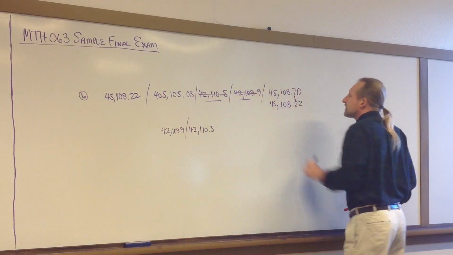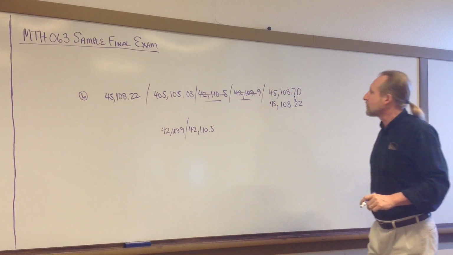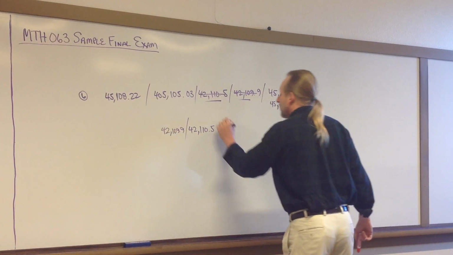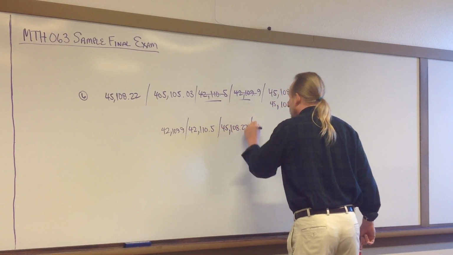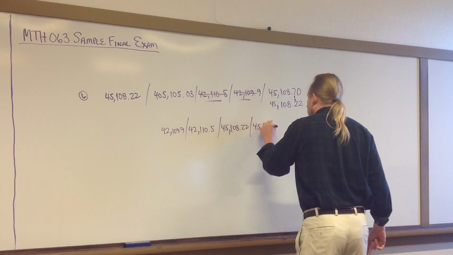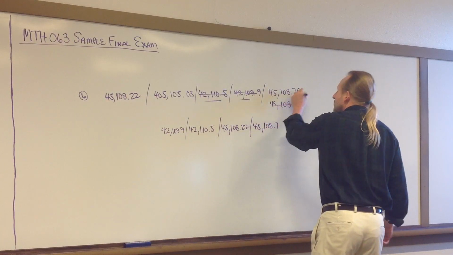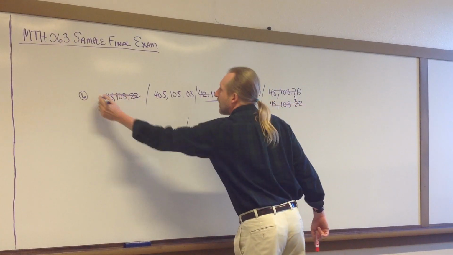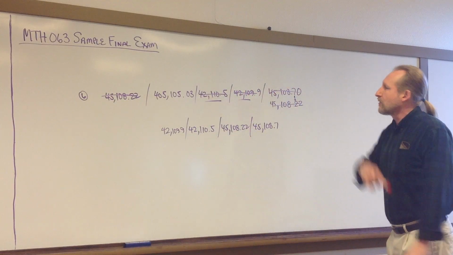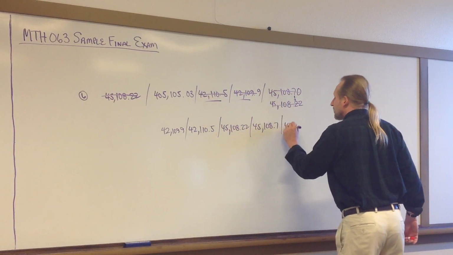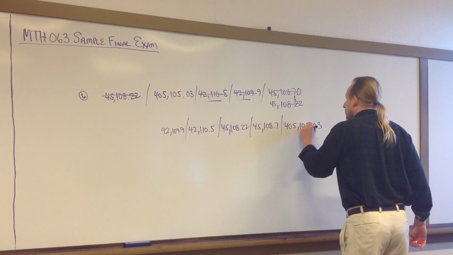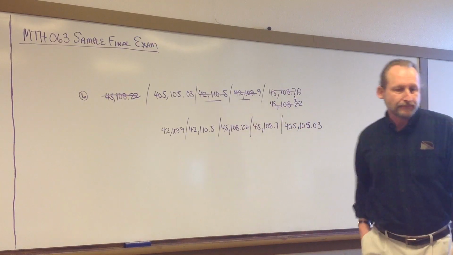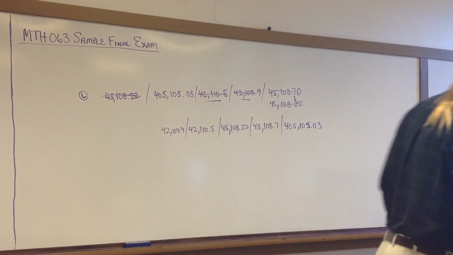Or if you fill in this 0, the 70 is bigger than 22. So this is the next one, 45,108.22, and then 45,108.7. You can put the 0 on the end or not. That's up to you. And then, of course, the biggest one is the 405,105.03. All right, that's problem 6.